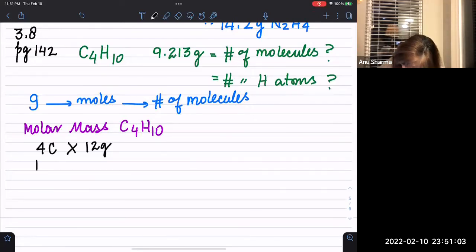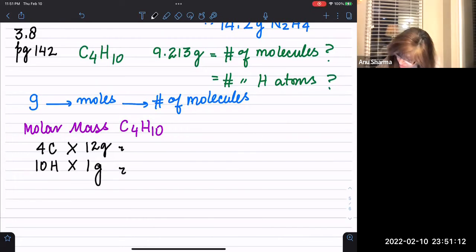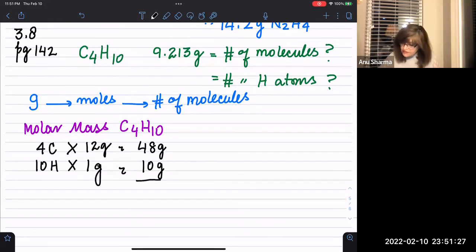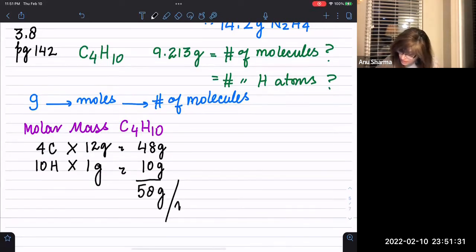There are 10 hydrogens, each approximately 1 gram. So you have 48 grams coming from carbon and 10 grams coming from hydrogen. So this is 58 grams per mole.